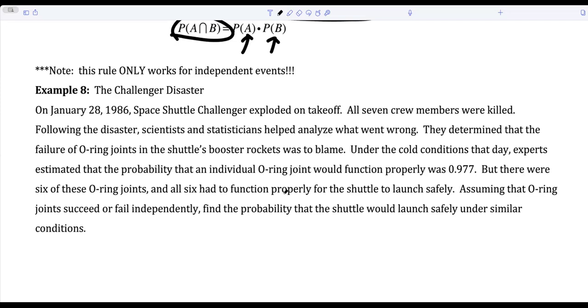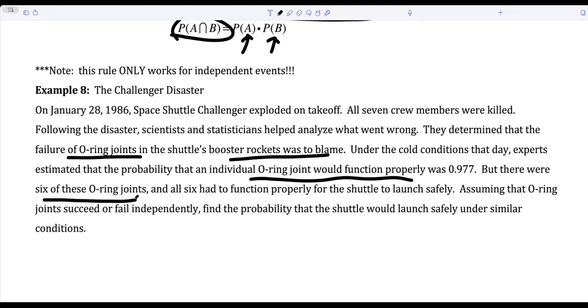Following the disaster, scientists and statisticians helped analyze what went wrong. They determined that the failure of O-ring joints in the shuttle's booster rockets was to blame. Under the cold conditions that day, experts estimated that the probability that an individual O-ring joint would function properly was 0.977.